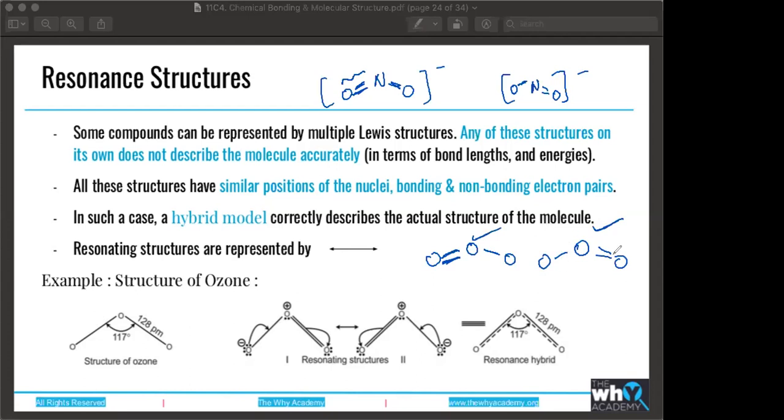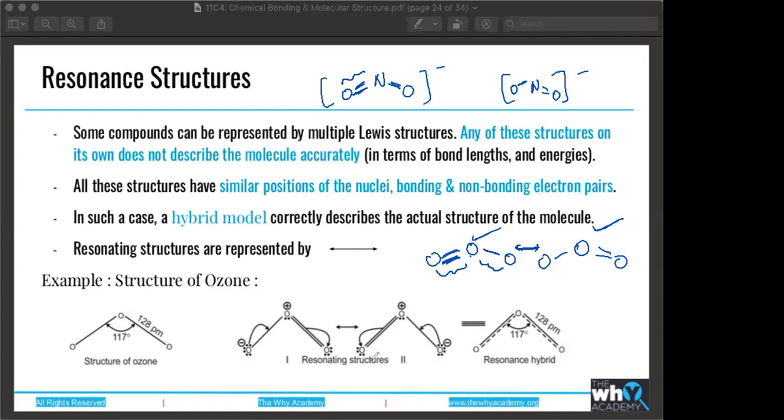But practically when you measure, both these bonds happen to have identical lengths and identical energies, which is not the case when you're drawing the Lewis structures, right? So the conclusion is that this double bond is not static. It does not belong to only one of these two oxygens, but both of these structures are existing simultaneously.